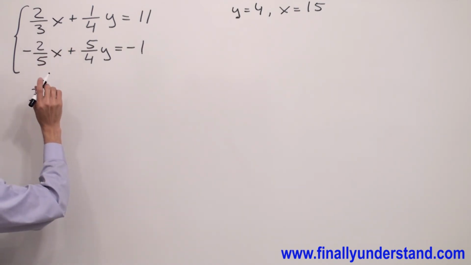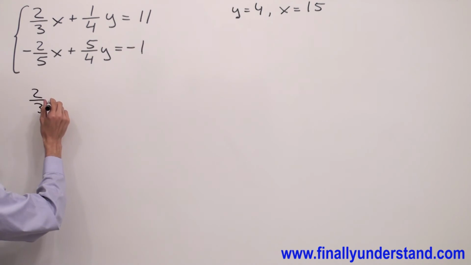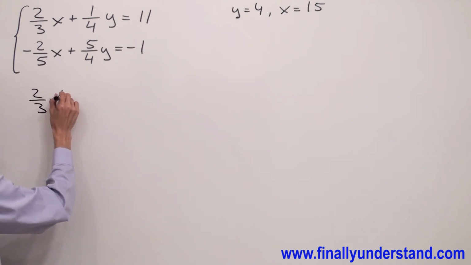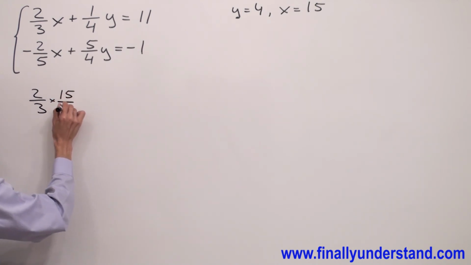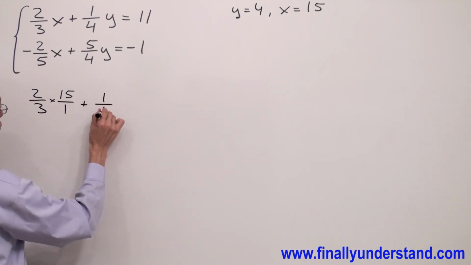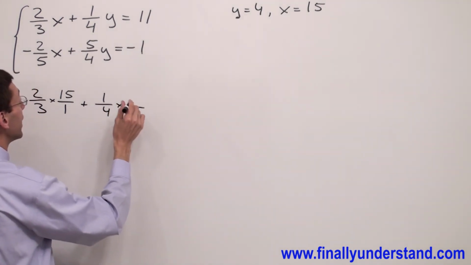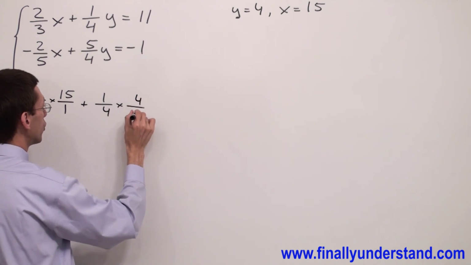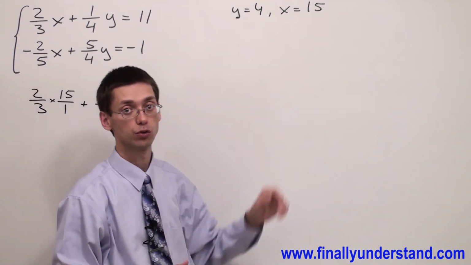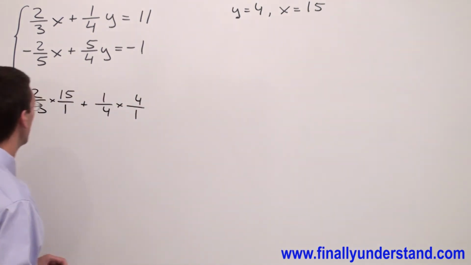X is equal 15. But because I have a fraction, I'm going to write this 15 as a fraction. So 15 over 1 plus 1 over 4 times y, which is equal 4 over 1. Remember, anytime you want to convert a whole number to a fraction, you're supposed to write the whole number over 1.